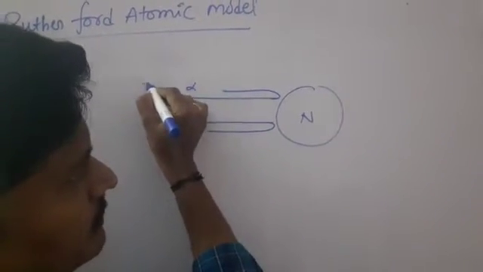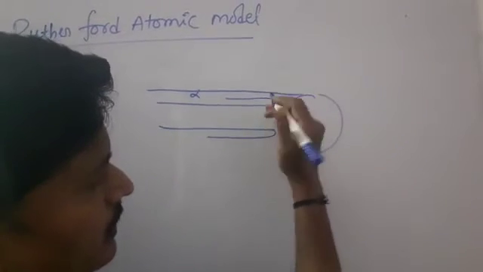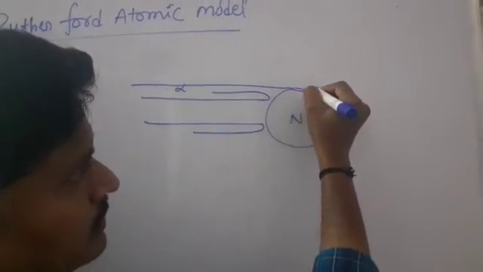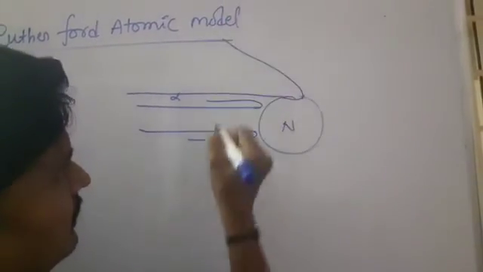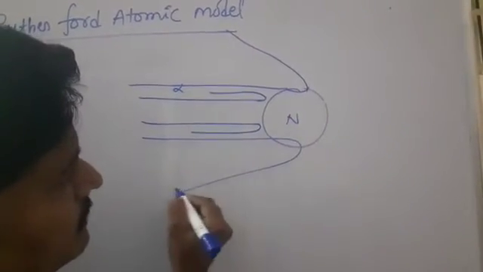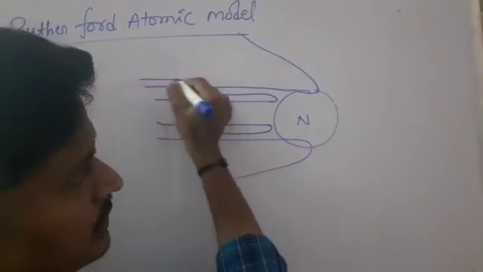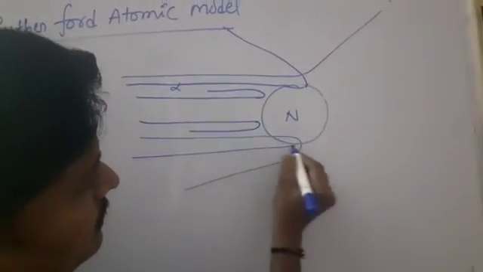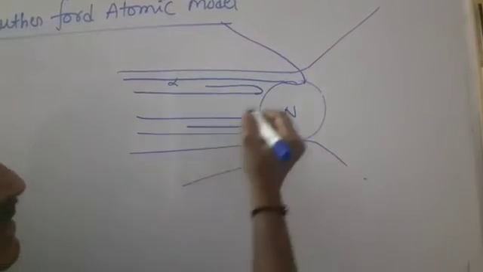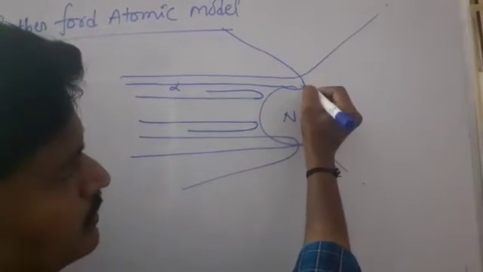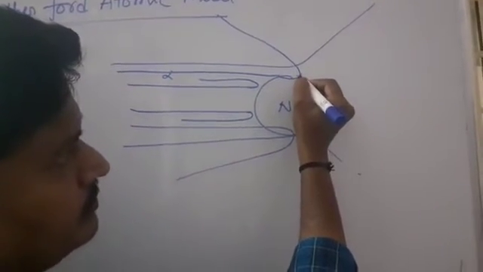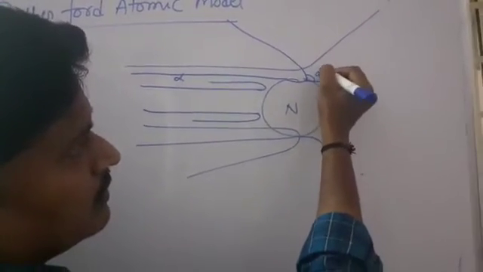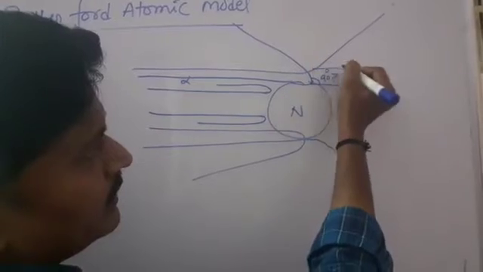The particles incident just above the central part get scattered by more than 90 degrees. The particles incident just above this edge get scattered by less than 90 degrees.